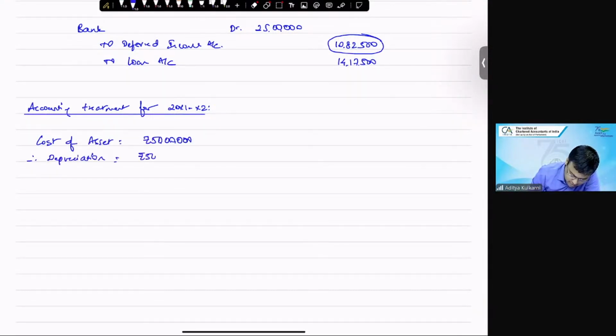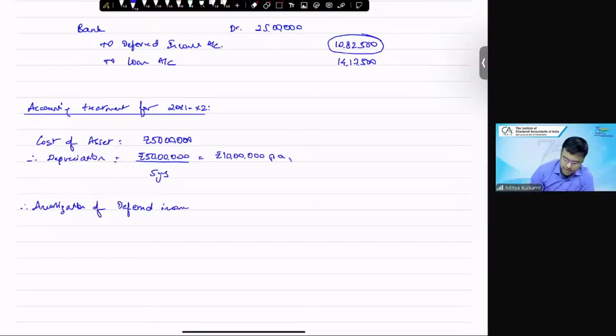Depreciation is 50 lakh by 5. Amortization of deferred income is equal to how much? 10,82,500 divided by 5, how much will it be? 2,16,500. Yes, 2,16,500. Are we okay with this?